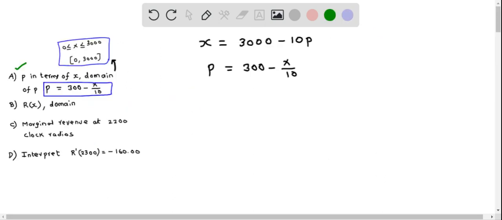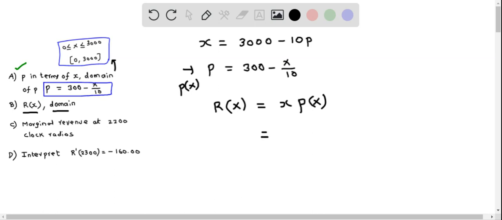Let's answer part B. Here we have to determine the function r of x, which represents the revenue function, and we have to determine the domain. So I'm going to write down the formula for r of x, the revenue function, which equals x times p of x, where p of x is the price function.